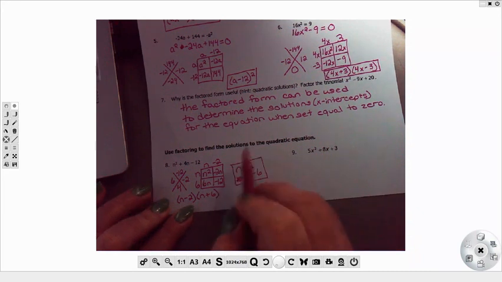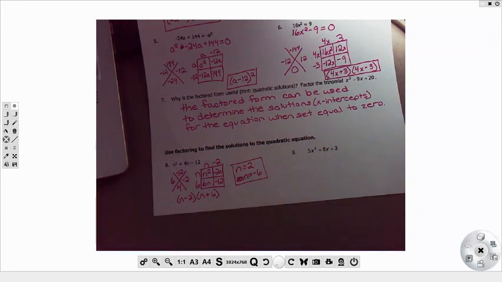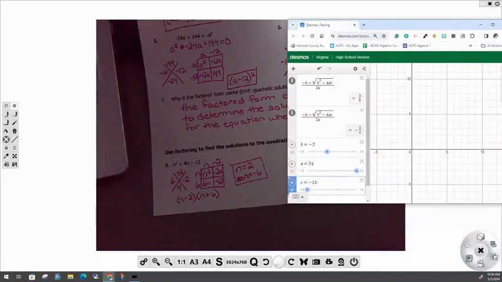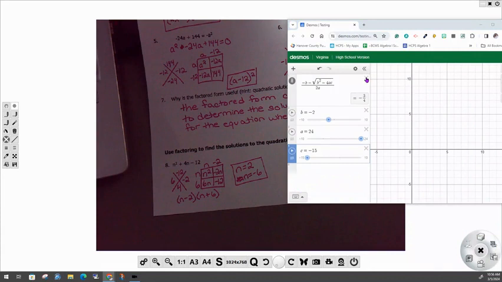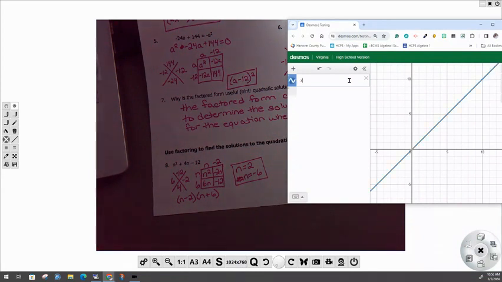So let's graph these. If I pull out my handy-dandy Desmos calculator, and clear out all of my stuff, and put x squared, I'm not going to do n, but x is the same, plus 4x minus 12.